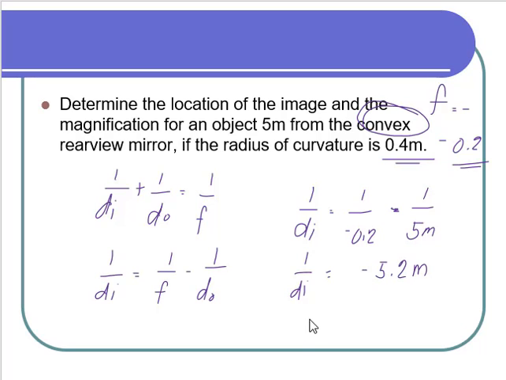So the distance of the image is equivalent to negative 0.19 meters. Okay? So the distance of the image is negative. That means that the image is found at the back of the mirror. That's why in a rear view mirror, you can see the image as if it is inside the mirror.